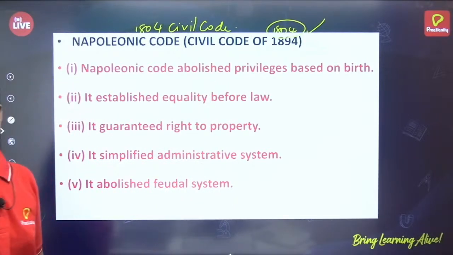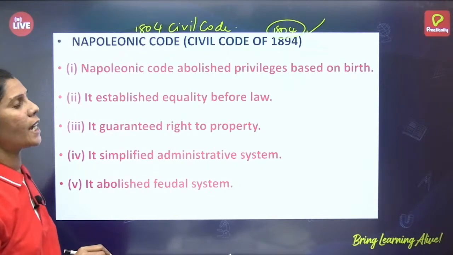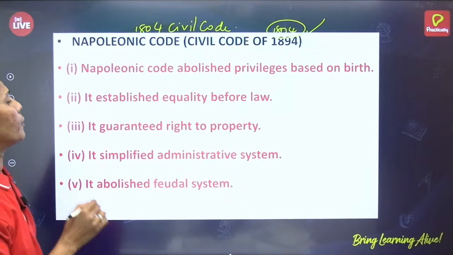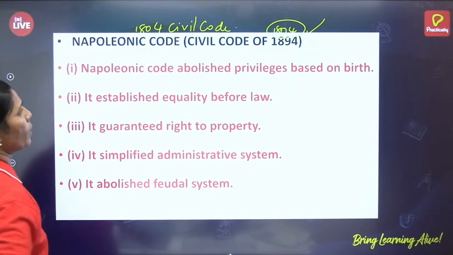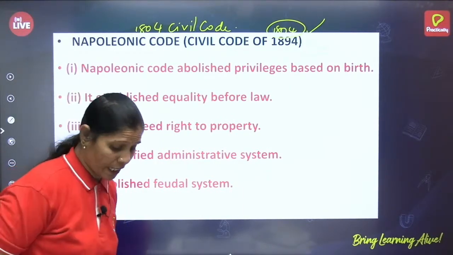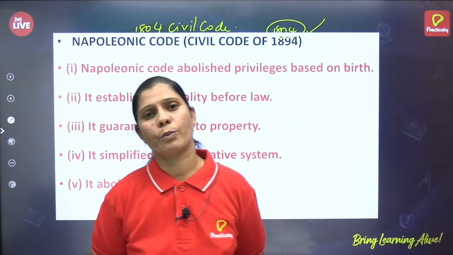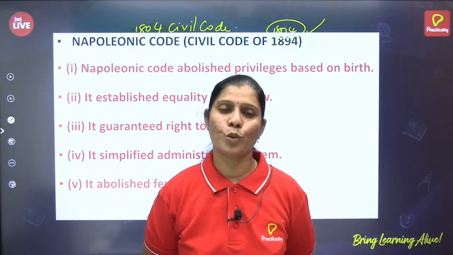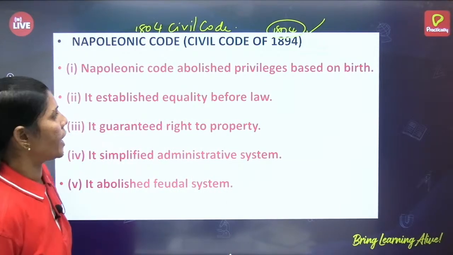So Napoleon introduced this Civil Code. Under this Civil Code he brought some changes wherever he extended his territory. Point number one to be noted, children: he abolished the privileges in French society, the first and second estate privileges that people had by birth were removed.